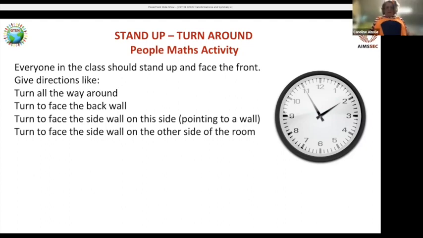All right, she's turned all the way around. Now, will you turn to face the back wall? Now, will you point one of your arms out to the side? Right, now will you turn to face the side wall on the side where you're pointing to the wall?